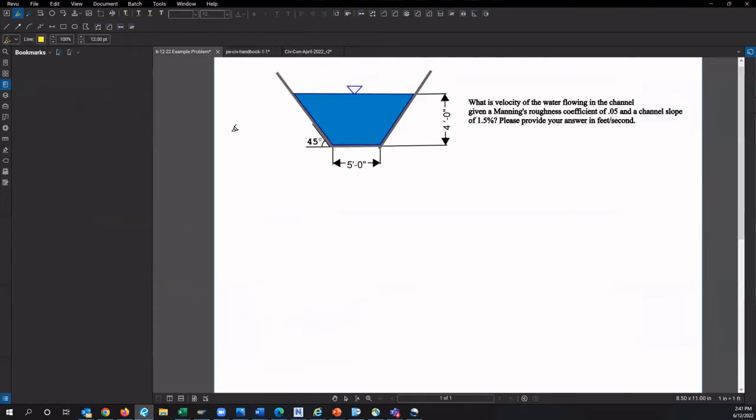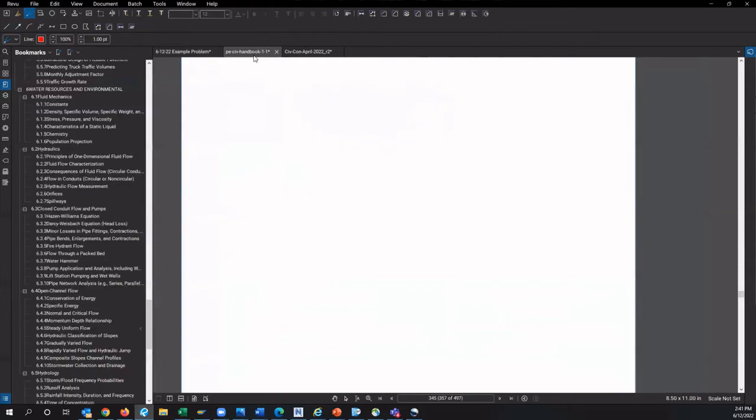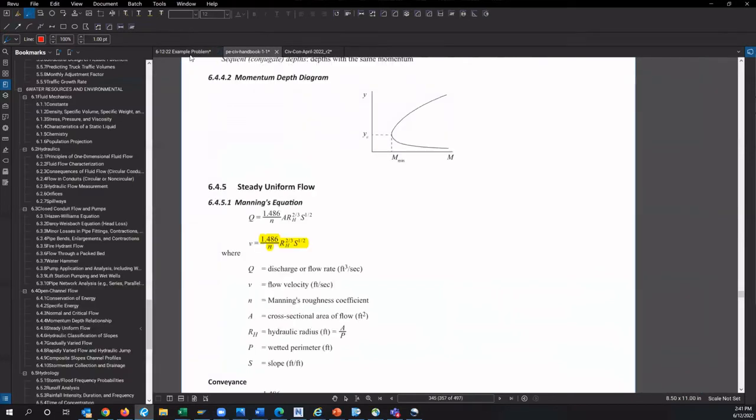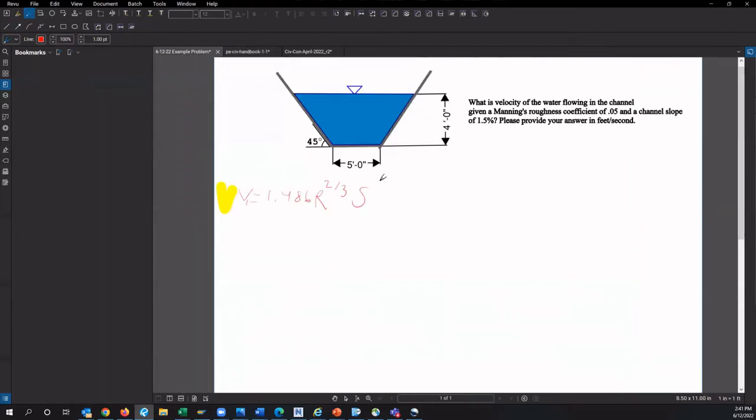Let's go back to our problem and start writing down the equation. V is equal to 1.486 over N times R to the 2/3 times S to the 1/2.